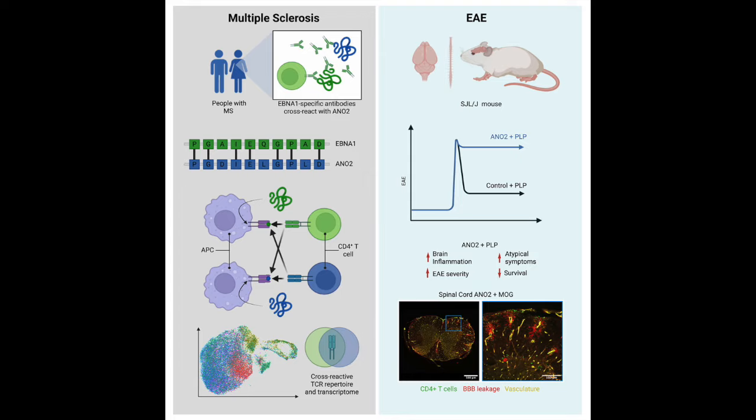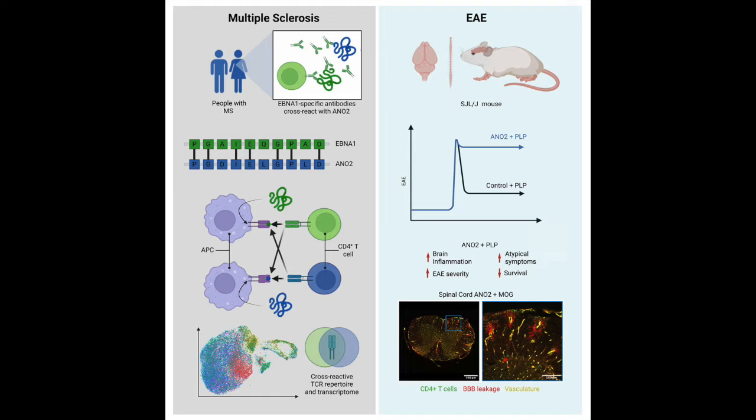Taking this a little bit further, they've shown that in people living with MS, they can find these cells that do respond against that protein. They also wanted to see, on the right-hand side of this image, what does this cause in a disease setting? So this was looking at an animal model of MS, EAE, or experimental autoimmune encephalomyelitis.